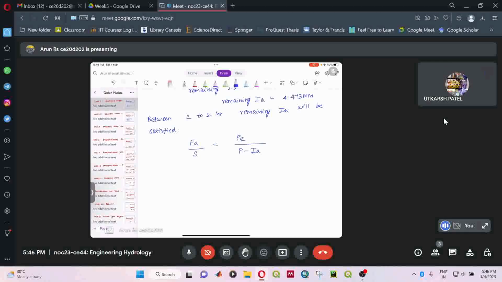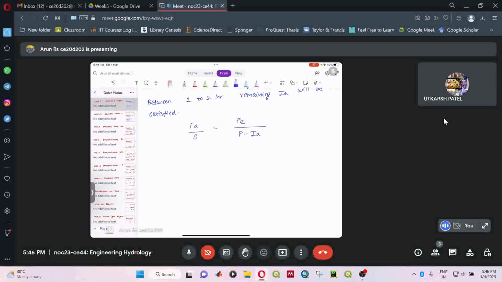That is the ratio of actual retention to the potential retention is equal to direct runoff upon precipitation minus the initial abstraction. So this is the hypothesis by which we will be deriving the equation. Now, this FA is nothing but the infiltration that is happening.